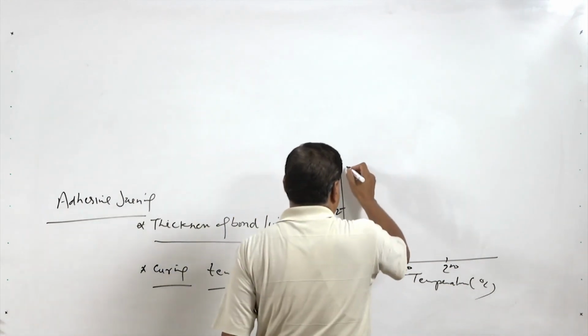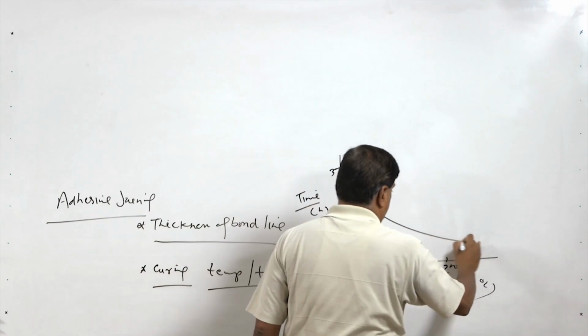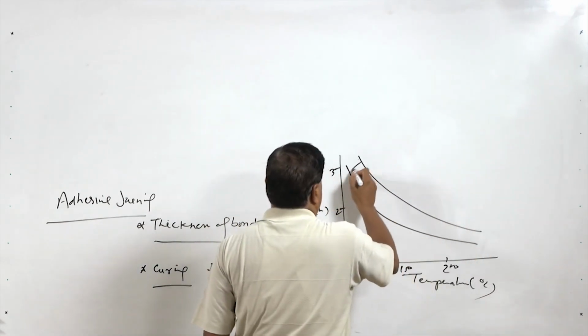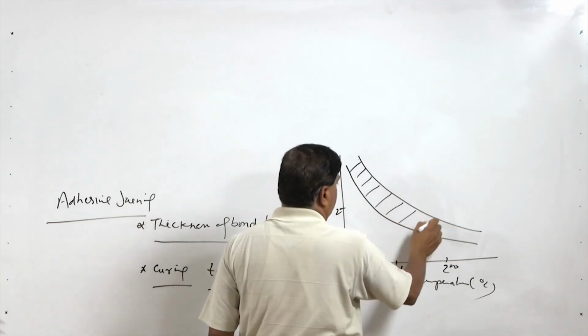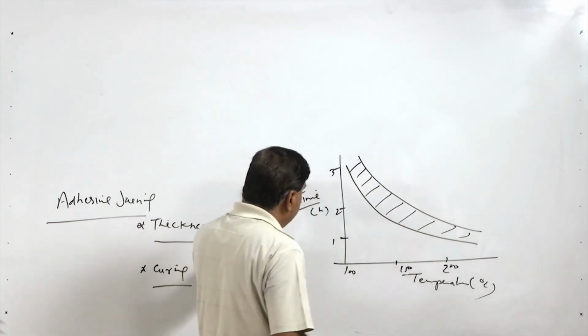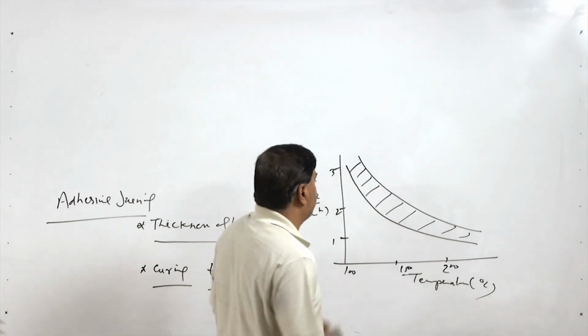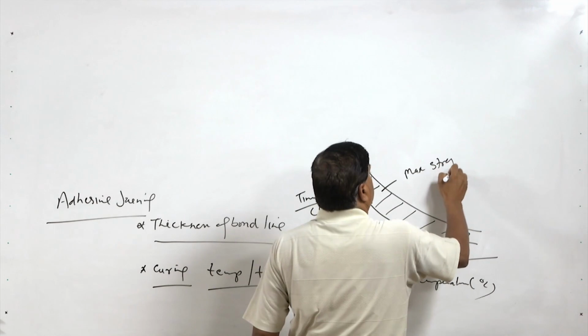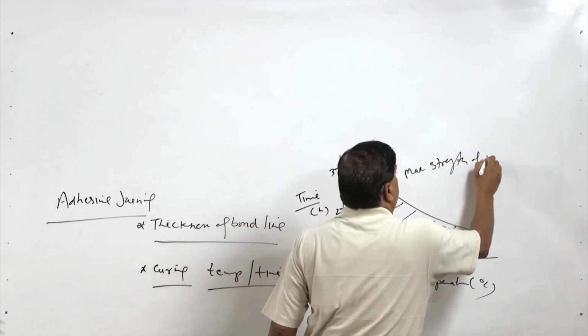Then you see this shaded area indicates the combination of the time and temperature for the maximum strength of the adhesive joint.